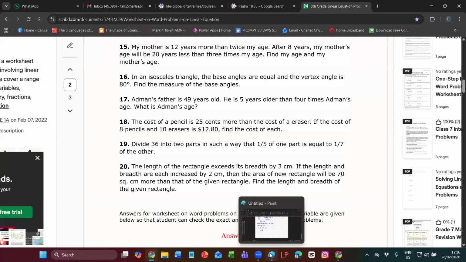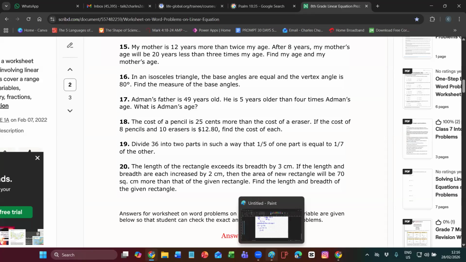So what would you do in this scenario? I was thinking the question was just going to be straightforward, but it's straightforward in a way, with some twists here and there. So the first thing we need to understand is what? The length of the rectangle exceeds its breadth by what? By 3 centimeters.